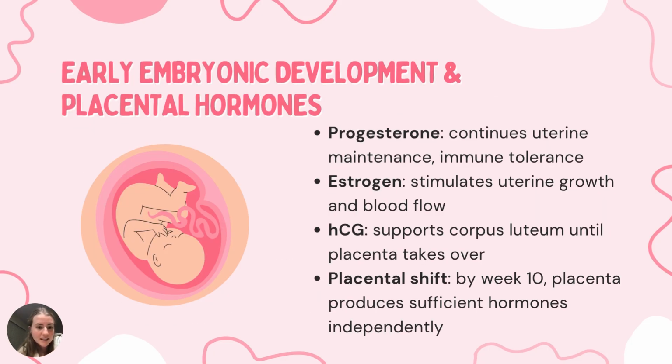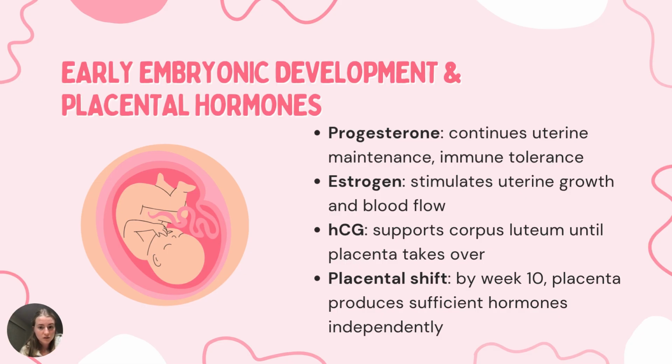And then getting into early embryonic development. After implantation, after those steps we talked about in the last slide, the embryo continues developing while the placenta begins to form. So they kind of grow together. The corpus luteum remains the main source of progesterone for the first several weeks, but as the placenta matures, it will gradually take over the hormone production.